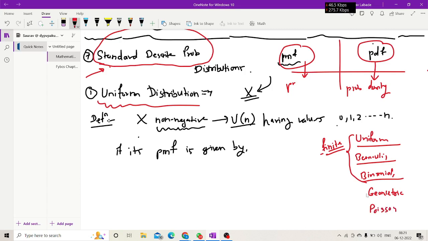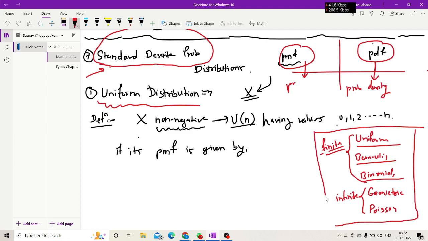These two are infinite distributions. I have to study in this chapter all these five distributions, which are discrete distributions.